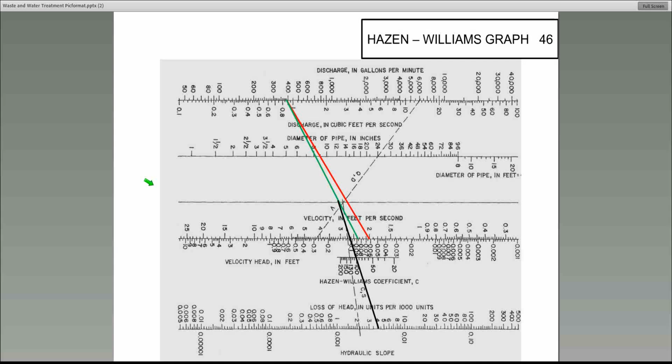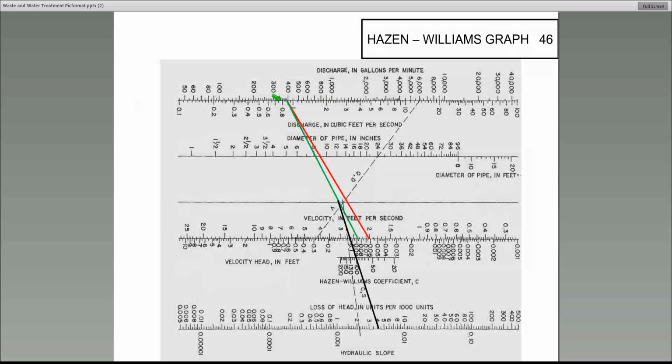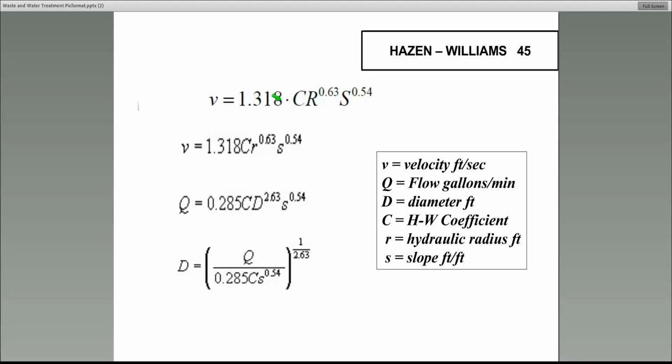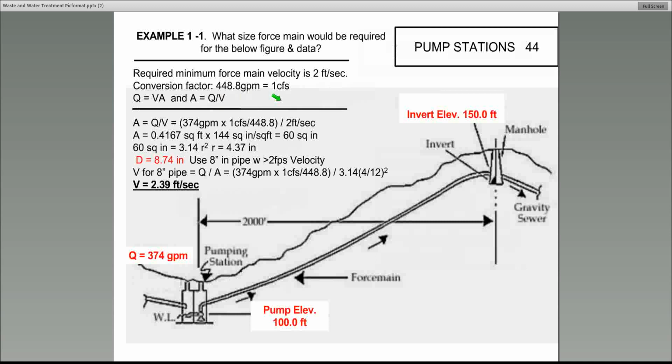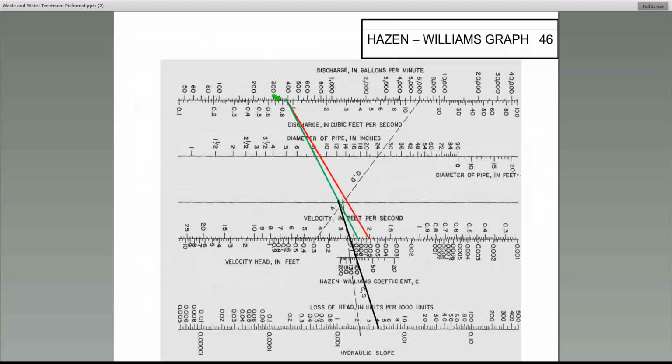Okay, we're going to start out here with a green line, and the discharge in gallons per minute was, go back to that, the discharge was at 375? Yeah, 374 is the discharge. So discharge in gallons, start here with 374, and then it's an 8-inch pipe.